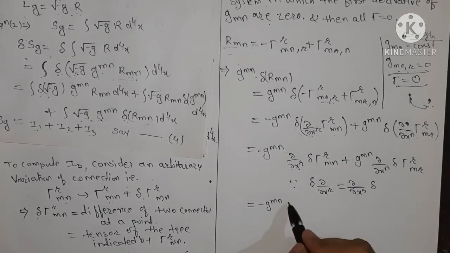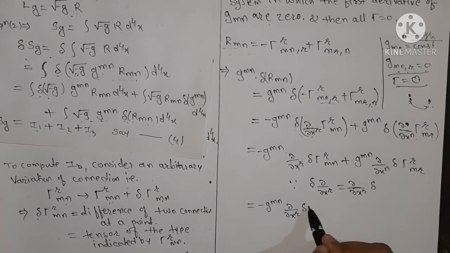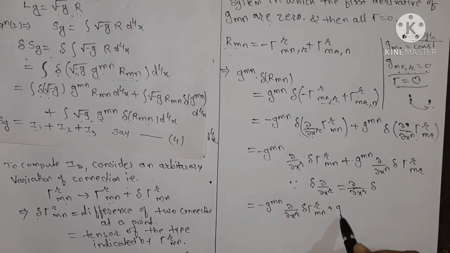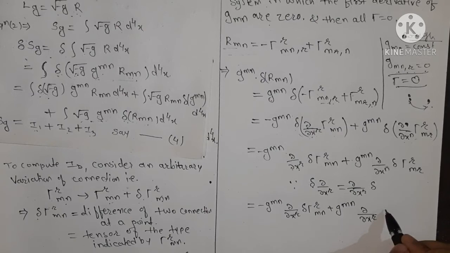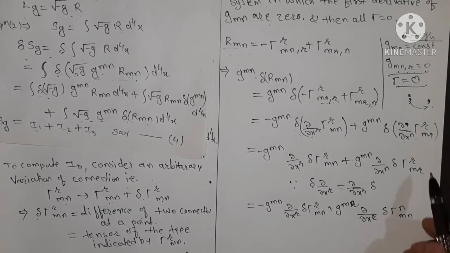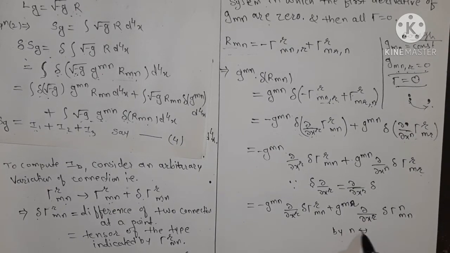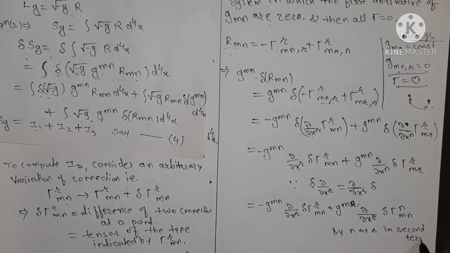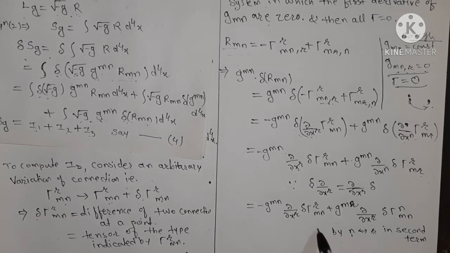Okay, so g^{mn} ∂/∂x^r δΓ^r_{mn} plus g^{mn} ∂/∂x^r δΓ^n_{mn}, and here we are replacing n by r, so r is replaced by n. So we are interchanging n to r and r to n in the second term.